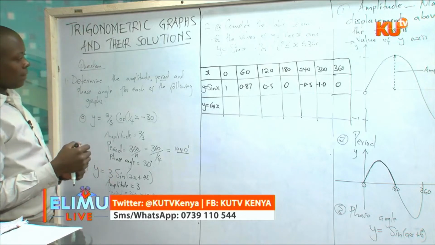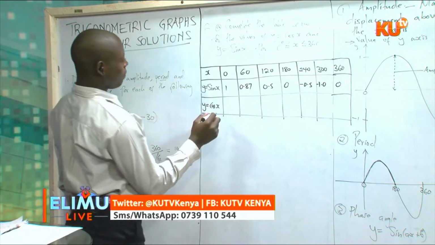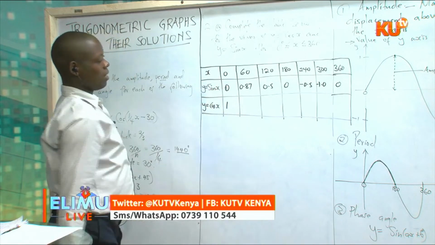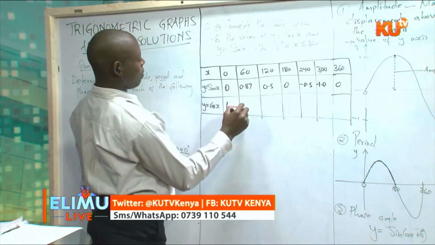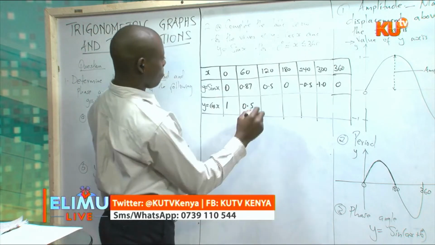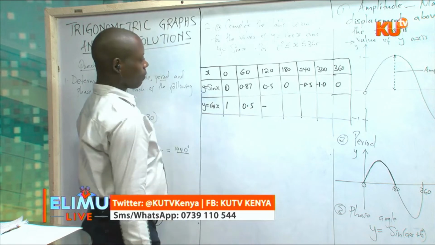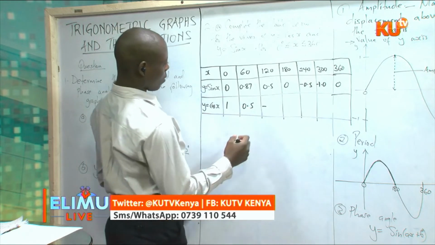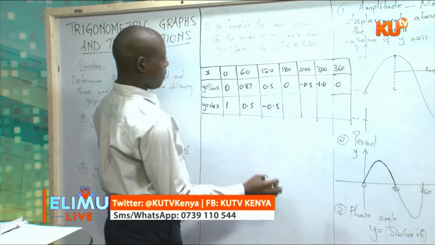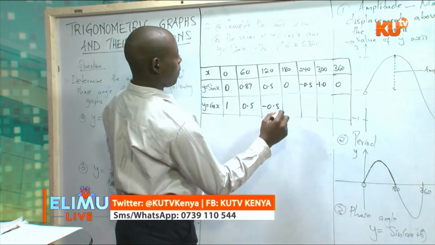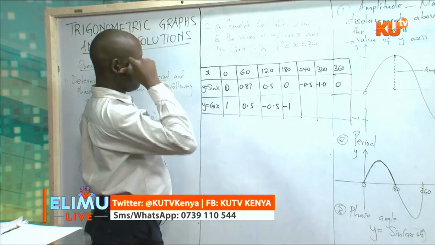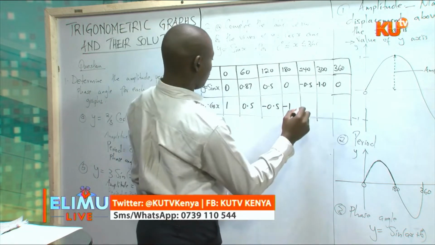Cos x, cos 0, this is 1. And then cos 60, 0.5. Cos 120, negative 0.5. Cos 180, 0.